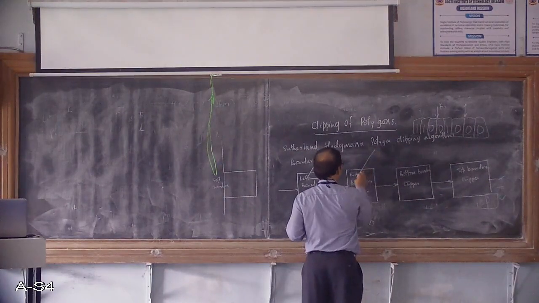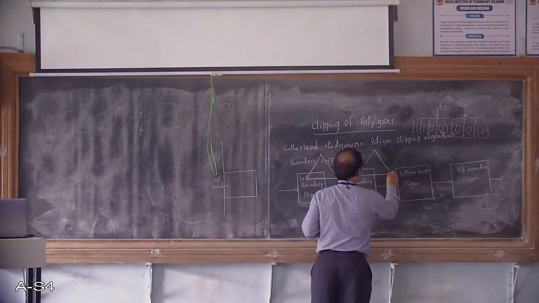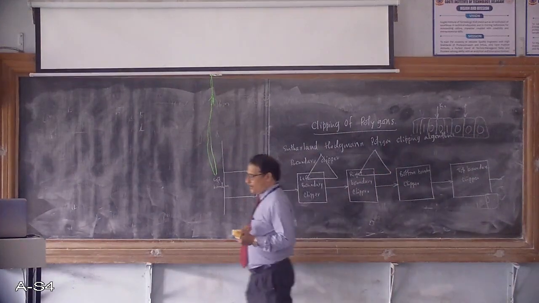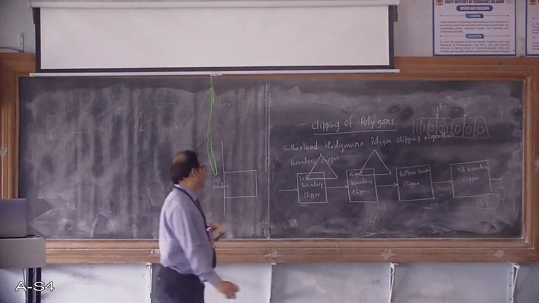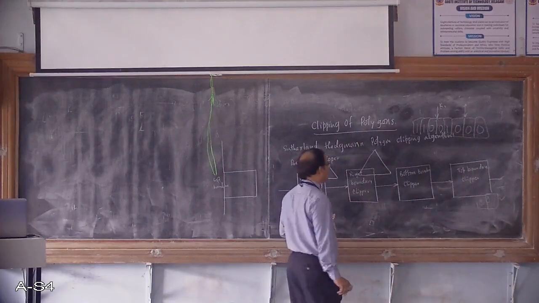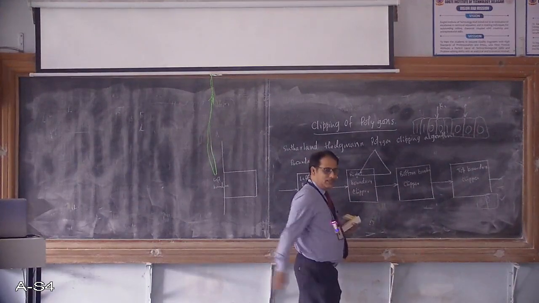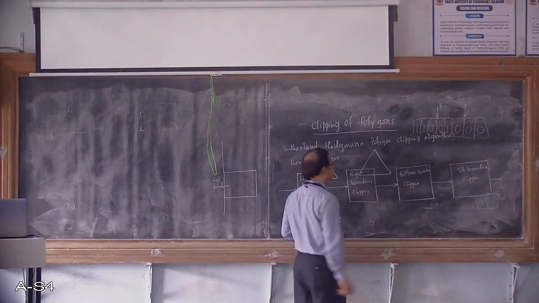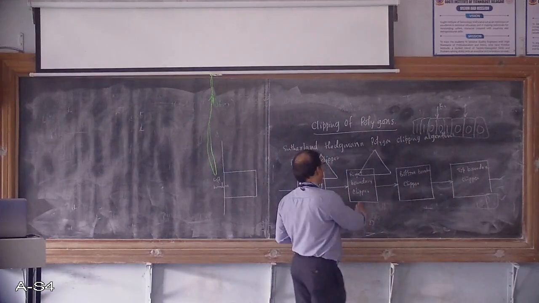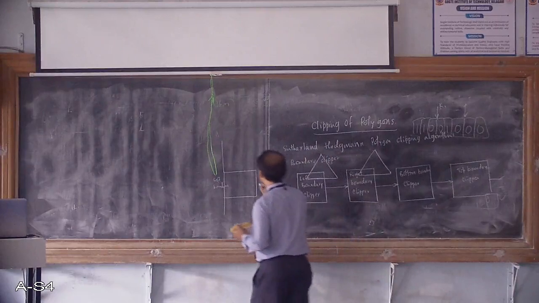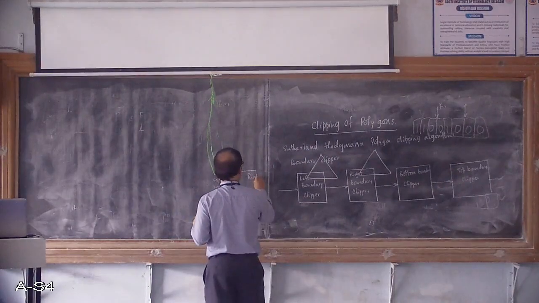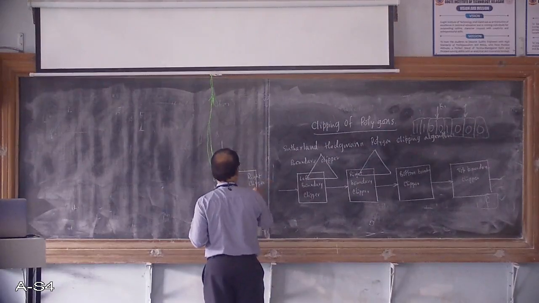Now the action will be forwarded to the right boundary clipper, which will clip the given polygon against the right boundary.